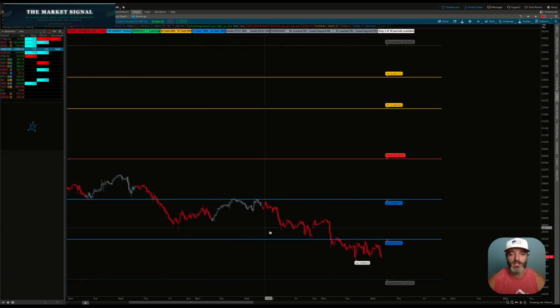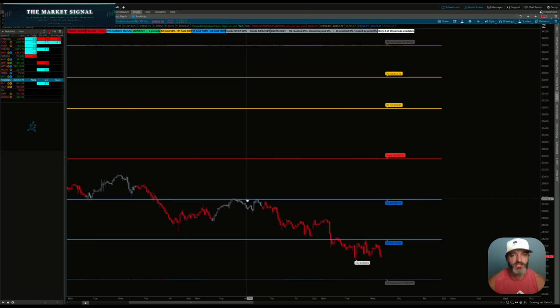Hey, these major zones, when they break or hold, you pay attention. Like if I want to be bullish here after this break, I know I've got to get a reclaim of this level. Until it reclaims and shows me that that is support, there's no reason for me to do anything else. Same thing down here.